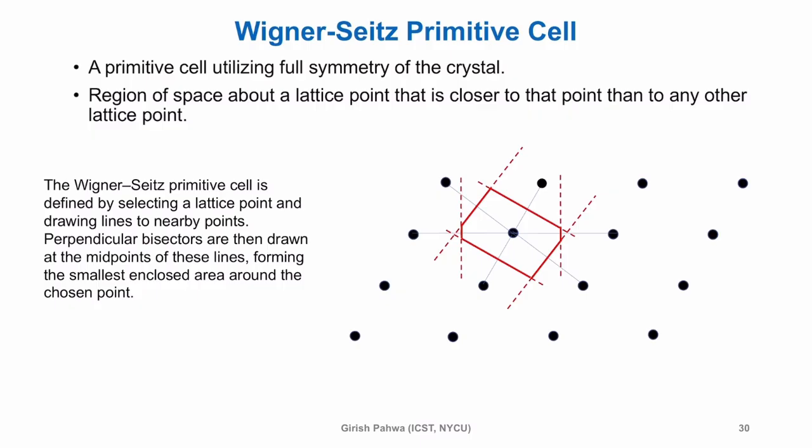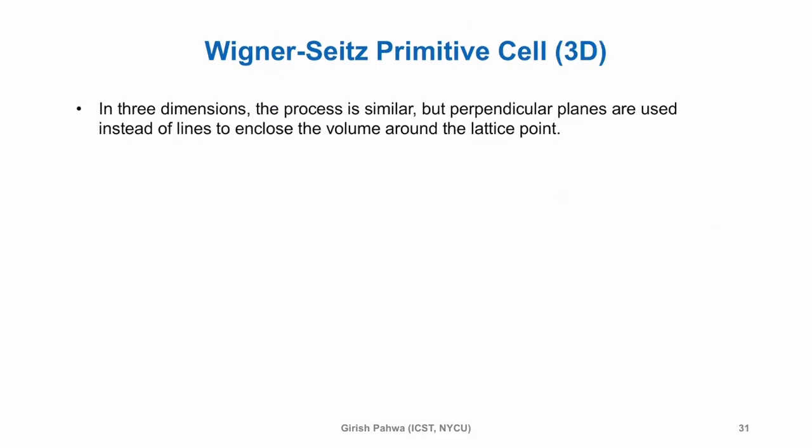Okay, if no question, let's move and see what would happen in 3D. In 3D, of course, the shapes will be more complicated, but you can follow the same procedure. So you had perpendicular lines; here you will have to draw perpendicular planes. You pick a point, look around, and look at your neighbors.